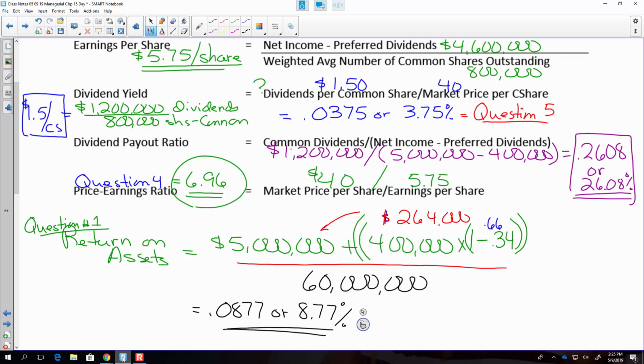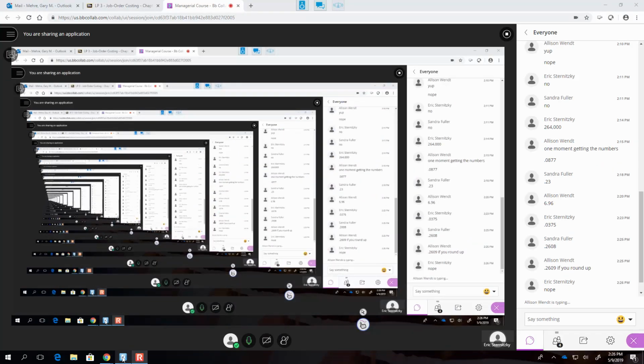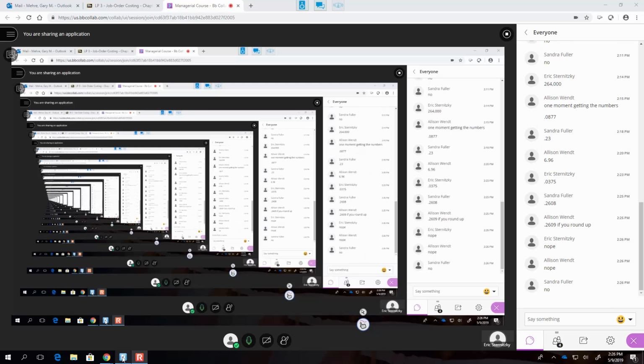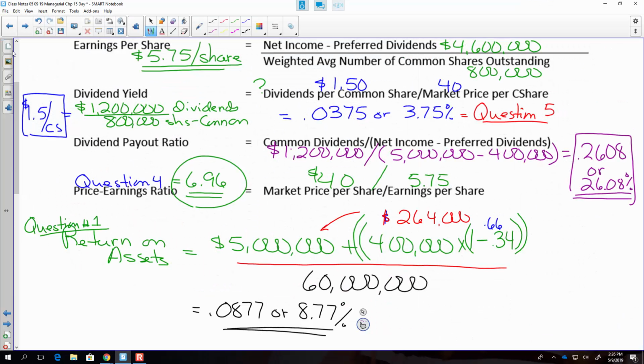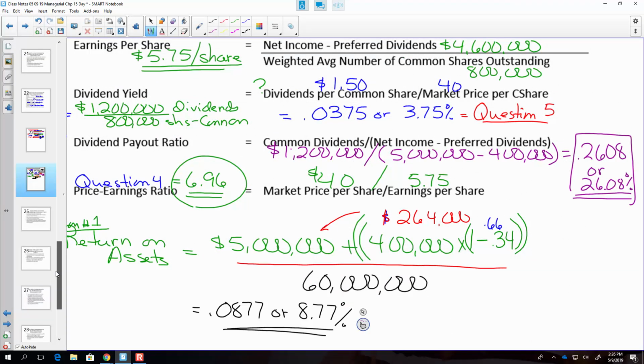All right. Any final questions on this, guys? Final thoughts? Any at home? Okay. That's the only problems I had on schedule today. I don't have any more to go through. It's just a matter of finding the right numbers to go into our formulas. And be careful with some of those computations.